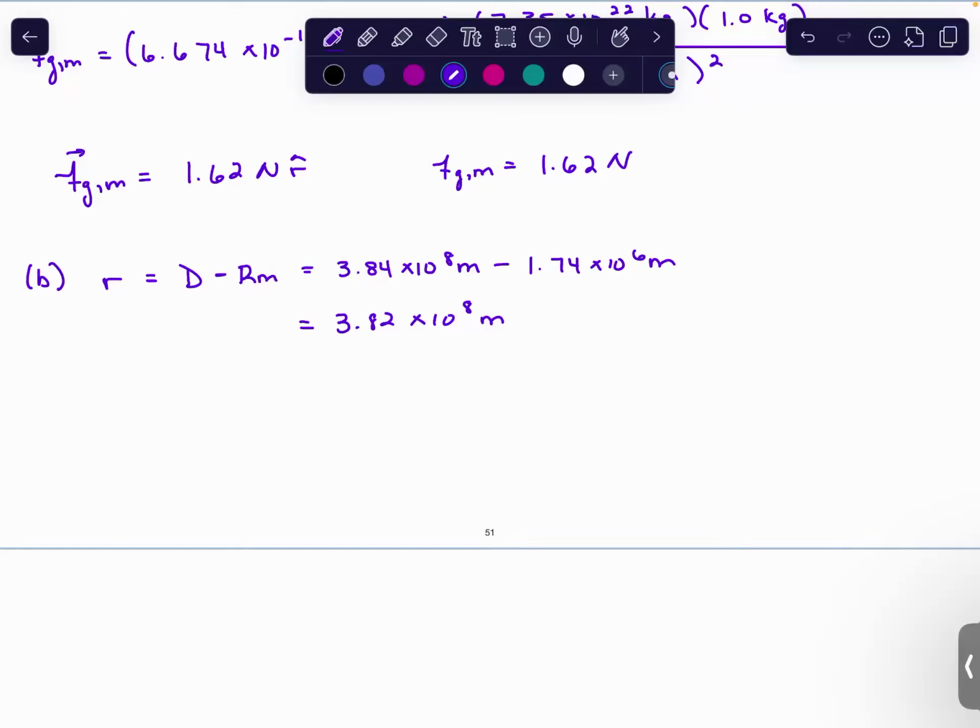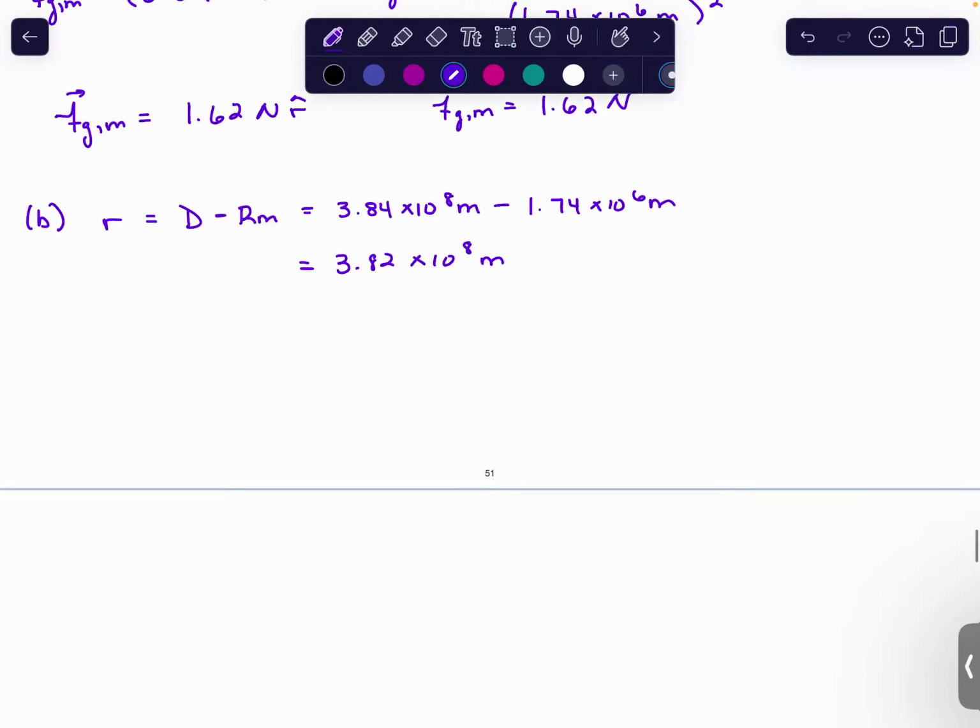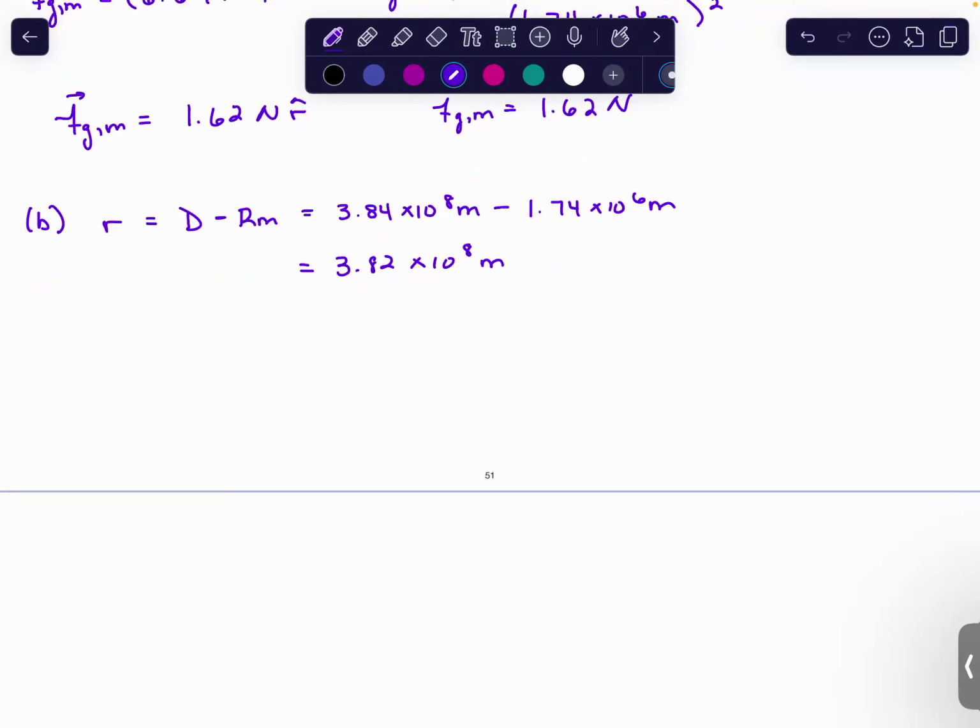Now, if you wanted to continue with this and just go right to the universal law of gravitation, fine. But I want to walk it through the gravitational field of the Earth at the rock. Our theorem is the gravitational field of the Earth is going to be G mass of the Earth over r squared.